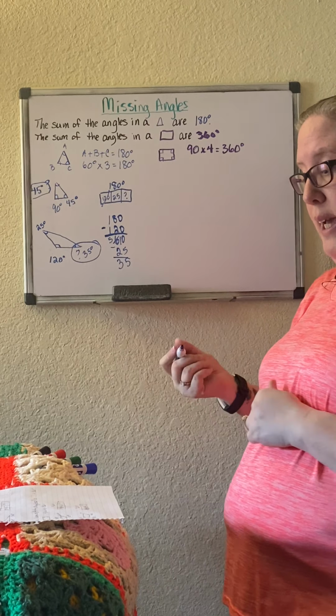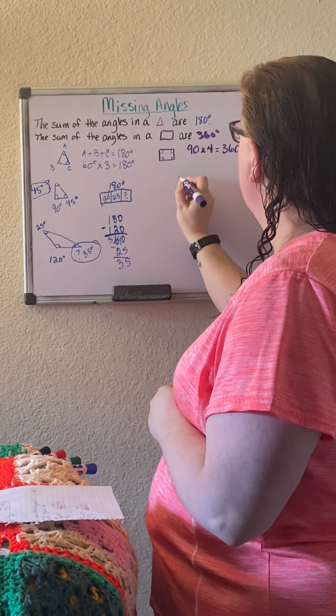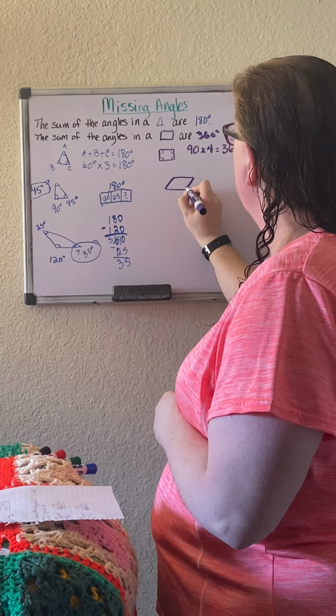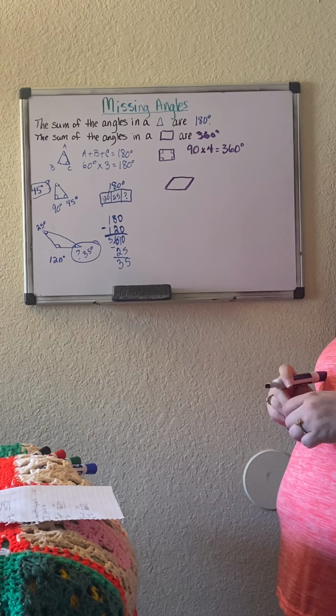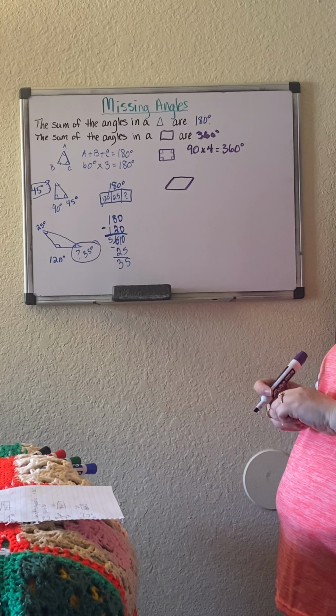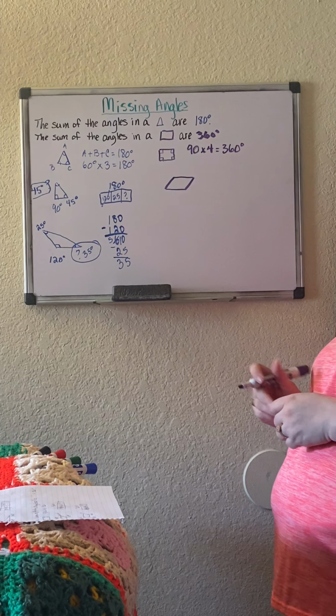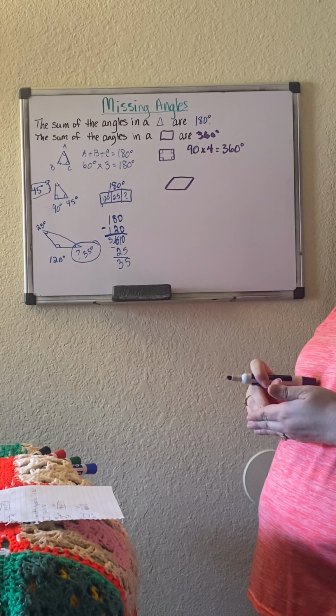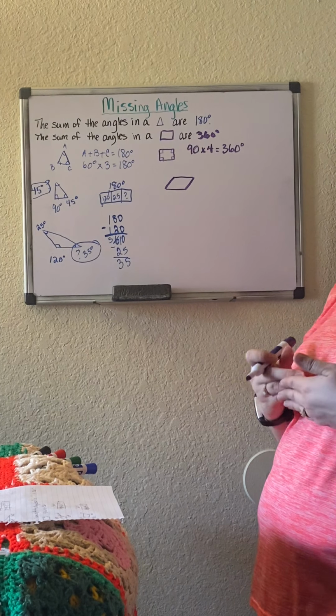So let's say we have this shape. What shape is that? Yes, that is a parallelogram because both pairs of opposite sides, the top and the bottom and the 2 sides, are parallel.